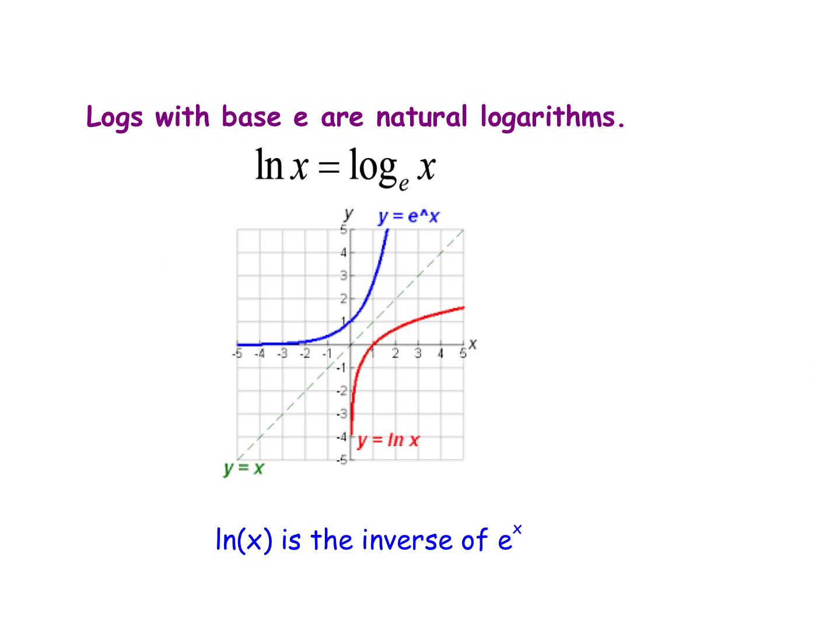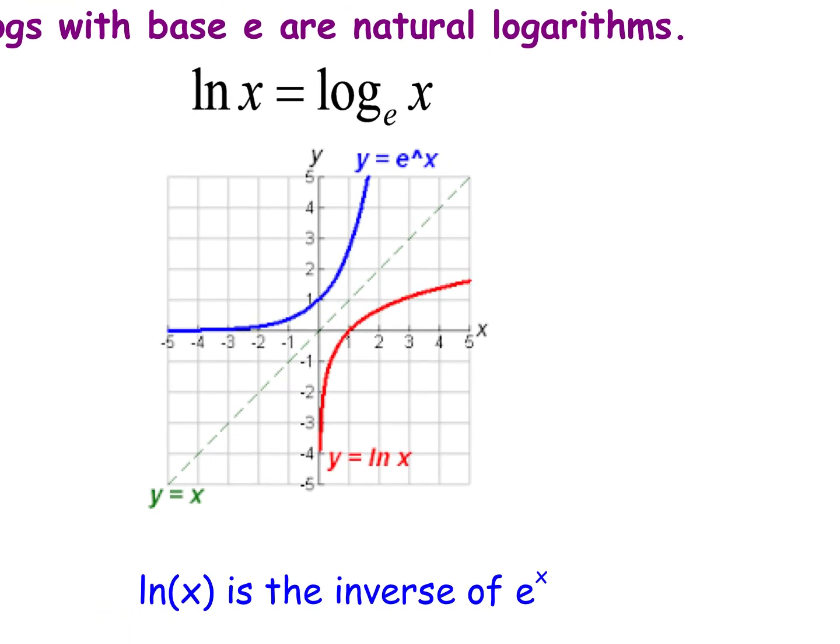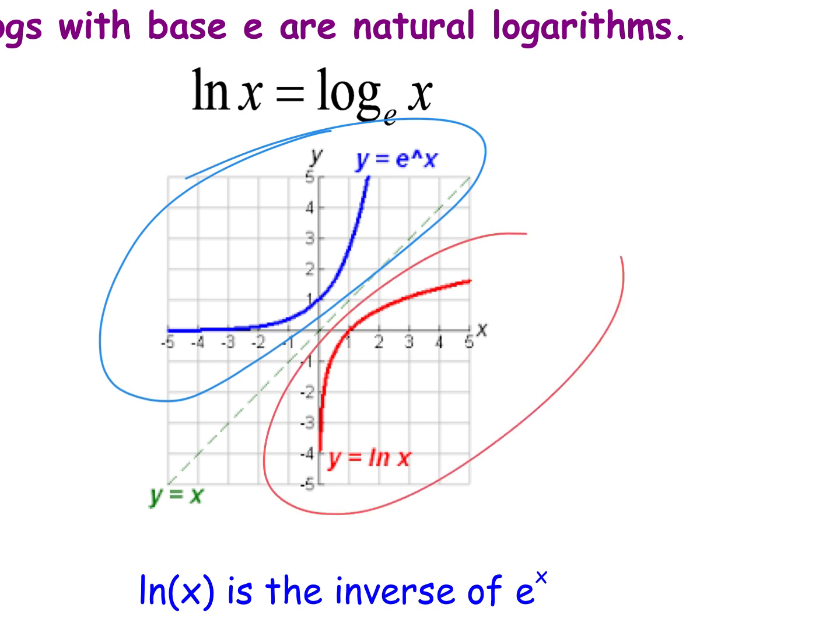Okay. And last but not least, this is the big thing I was trying to get across today, that logs, like this blue part, no, exponentials. Sorry, that's exponentials. And the red part is the logs. This was EXP, and this is log. Exponentials and logs are inverses of each other.